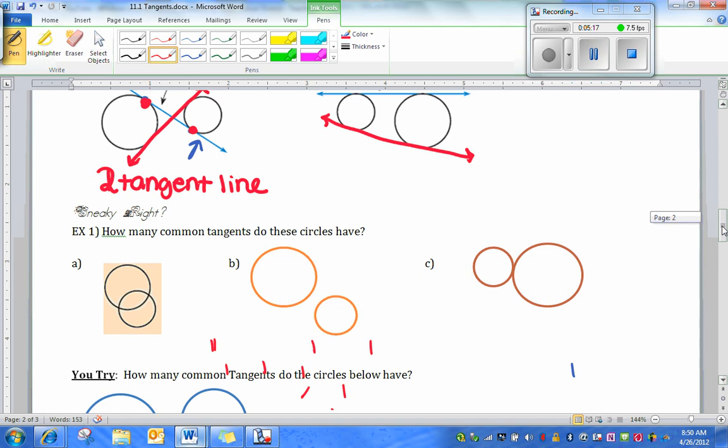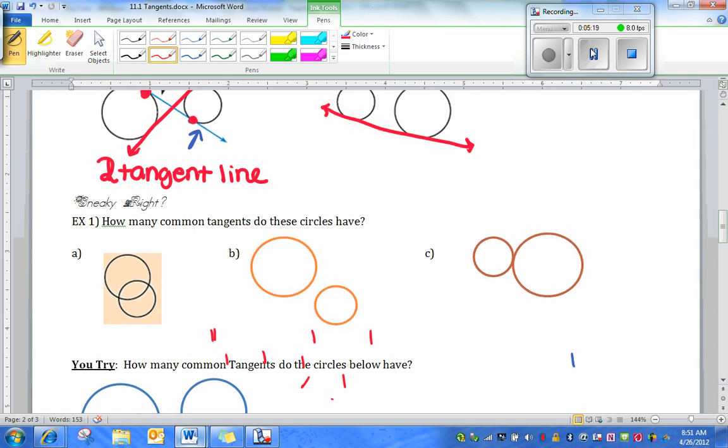How about these ones? For these two coplanar circles in example A, I see two common tangent lines that they share. If I draw a line here, that's a nice tangent line. It's hitting each circle at exactly one point, and then I can do the same thing to the bottom. So this one has two common tangents. Now this one's a little sneaky.